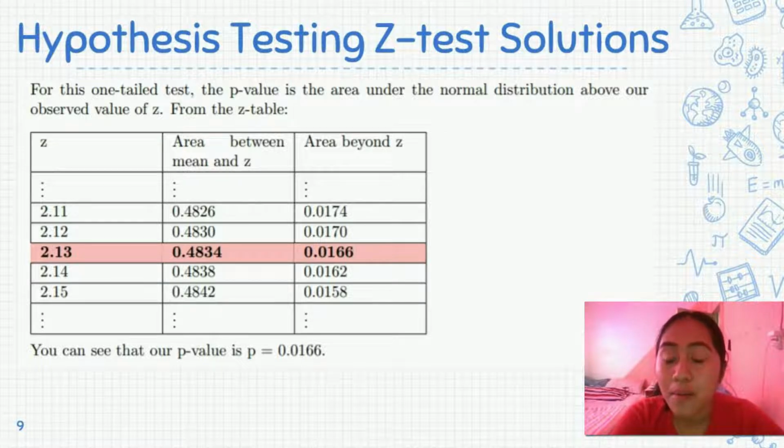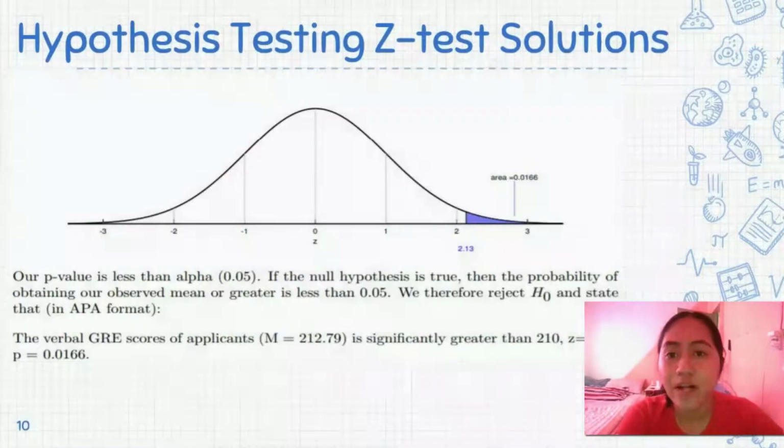So, from our z table again, we can locate our p-value. Because we know that our z is 2.13, our p-value, the area beyond the z, is 0.0166. So that is our p-value.